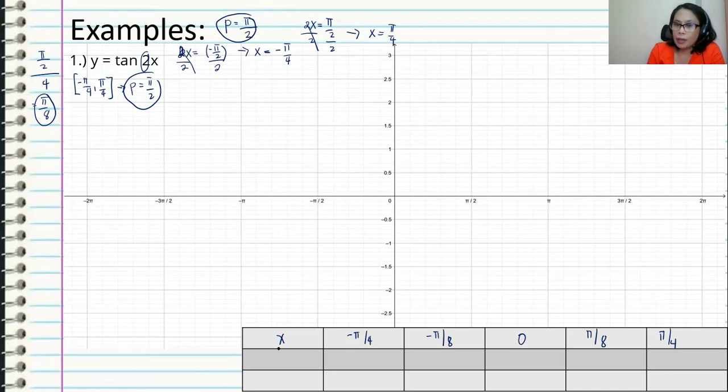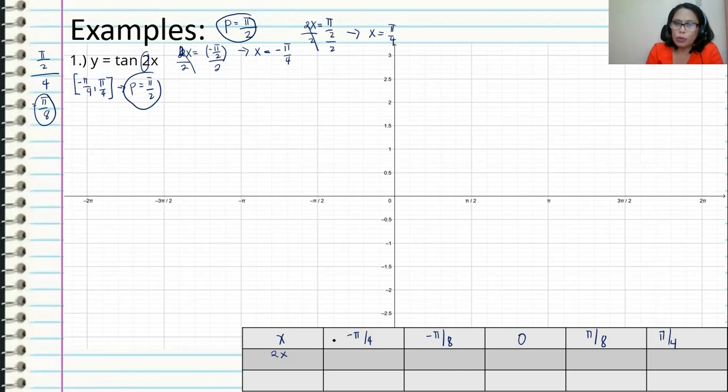So we have these x values. So before we come up with the y values, we have to note that we need to come up with 2x. And 2x is multiplying each value of x here by 2. So we will go back with the original interval.